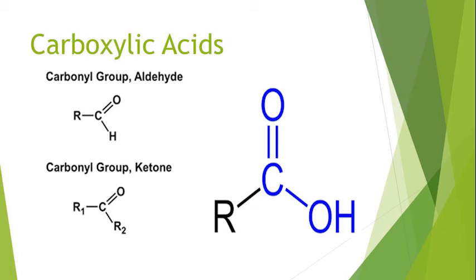In ketone, carbonyl group is attached from both sides with alkyl group. And in carboxylic group, carbonyl group is attached from one side with alkyl group and from the other side with hydroxyl. So you can differentiate these three groups with the help of this example.